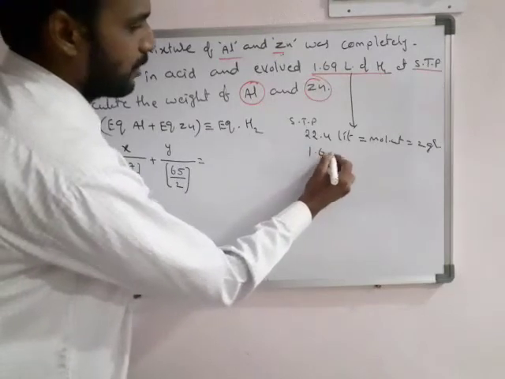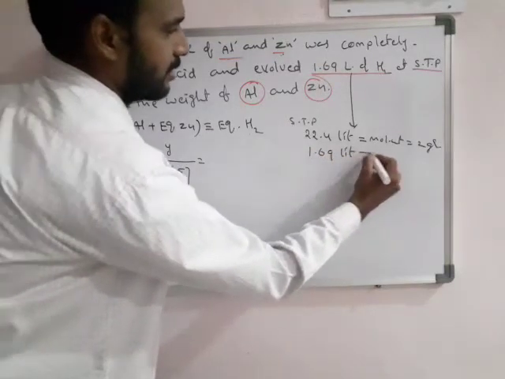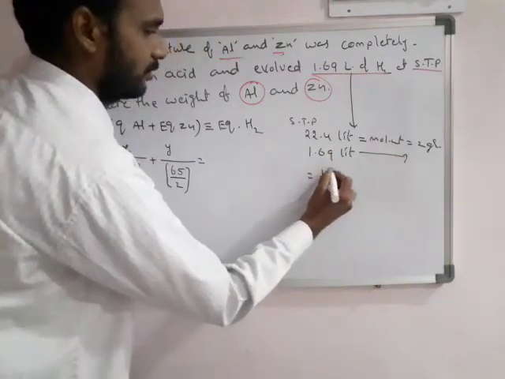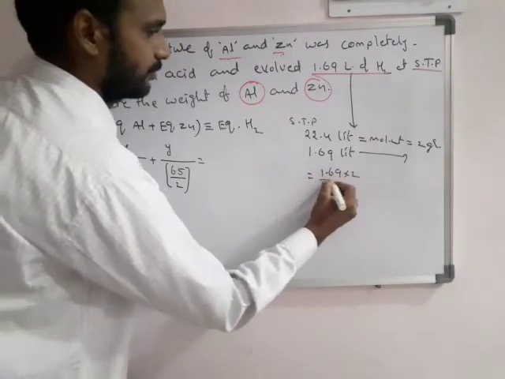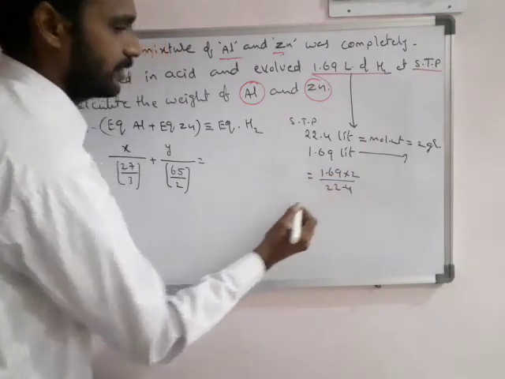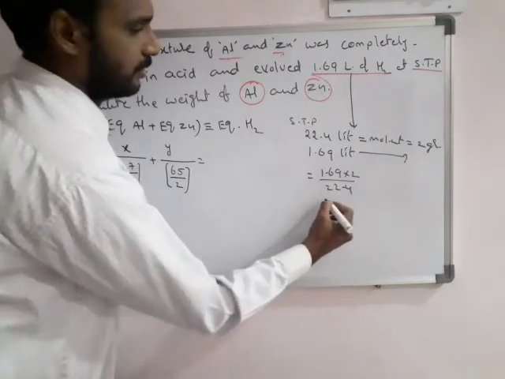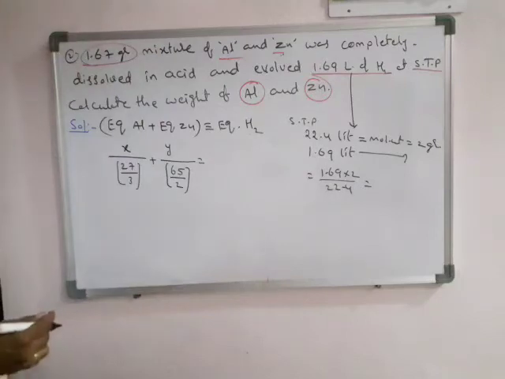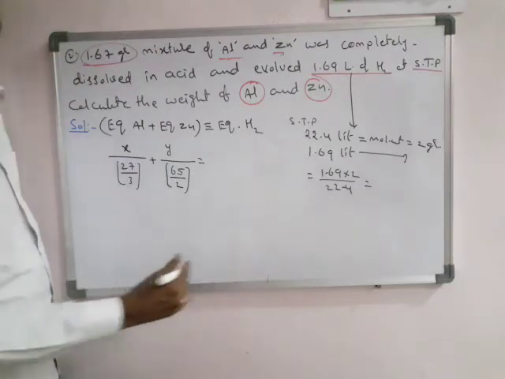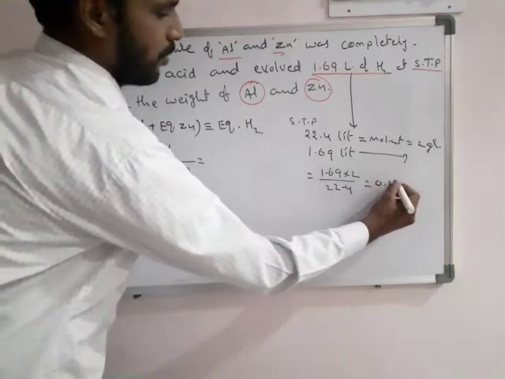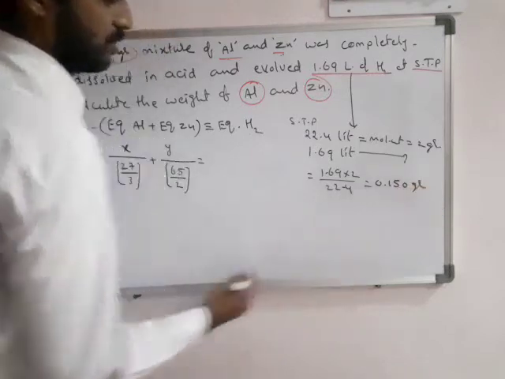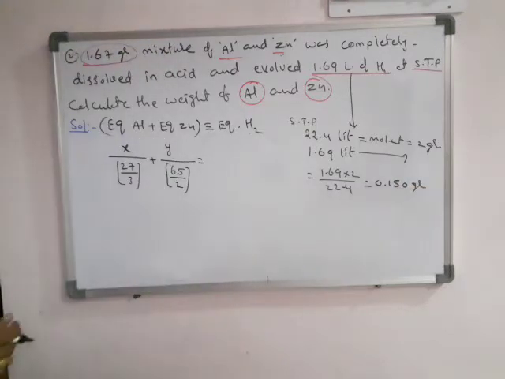Then what about 1.69 liters, how much is that? That is 1.69 by 22.4 times 2, so approximately we will get 0.150 grams. Okay.